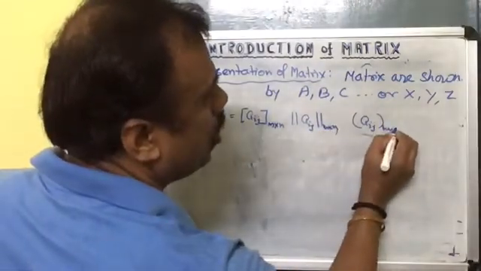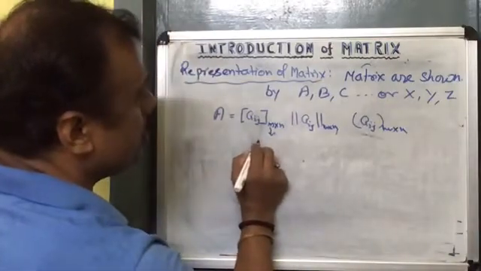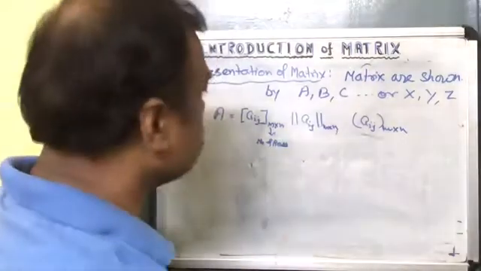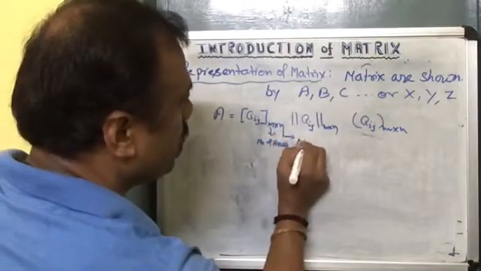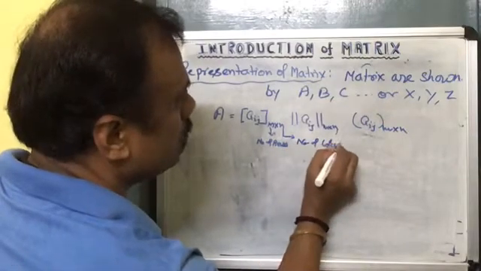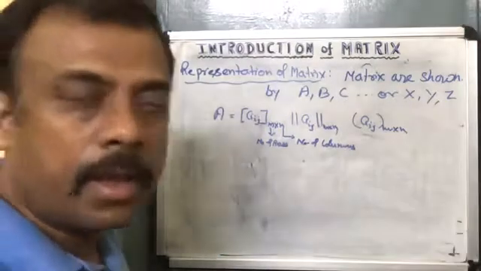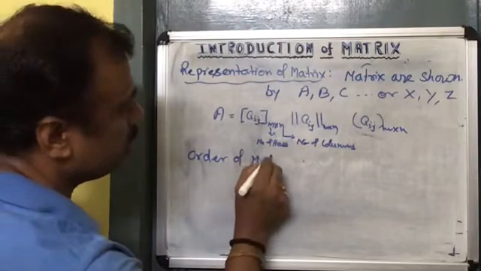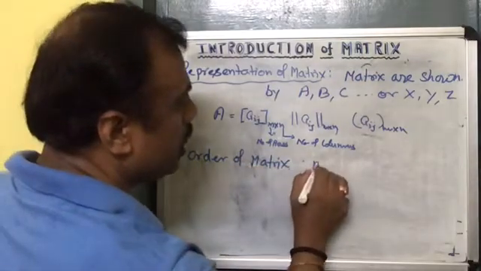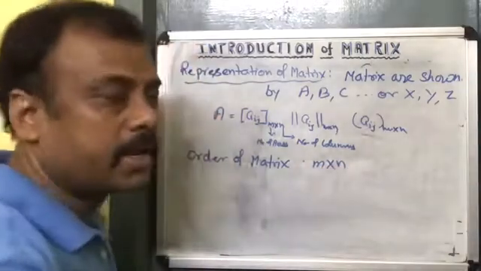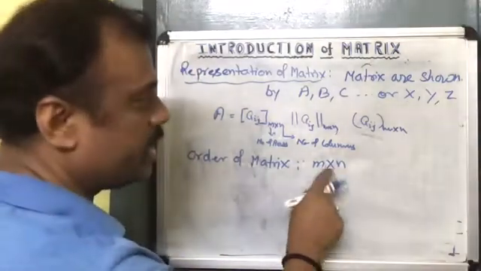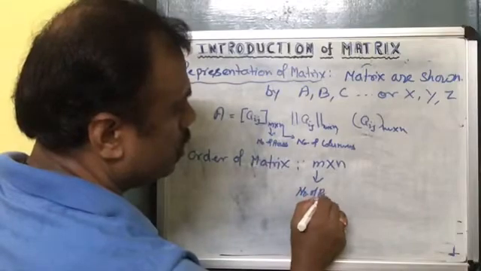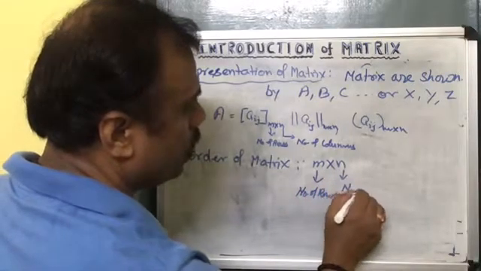Here m will represent the number of rows in the given matrix and n will represent the number of columns in the given matrix. So the order of a matrix is nothing but m by n. It is the order of the matrix. Here this one is the number of rows and this one is the number of columns.